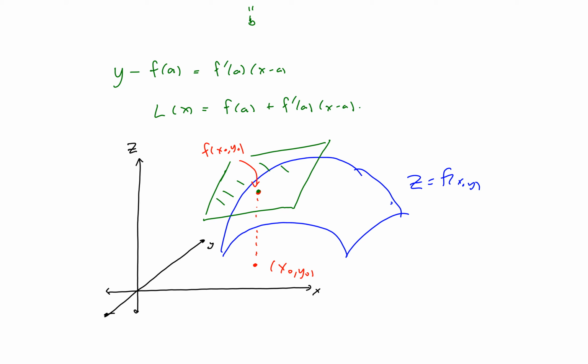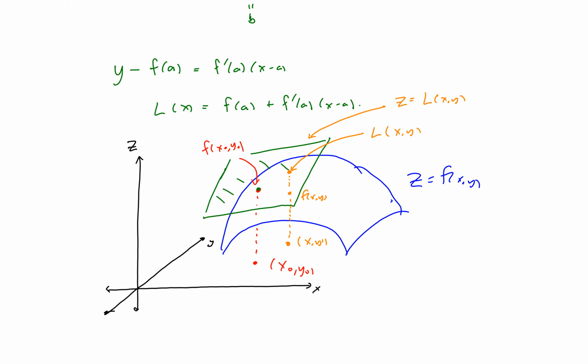And if I pick some other value nearby, say I have some point over here, let's just call this x y for our purposes. We'd have some height f of x y here, but we can approximate that by where it is on the plane. So if this plane is given by z equals L of x y, then this would be L of x y here, and that gives our approximation. So same type of idea.